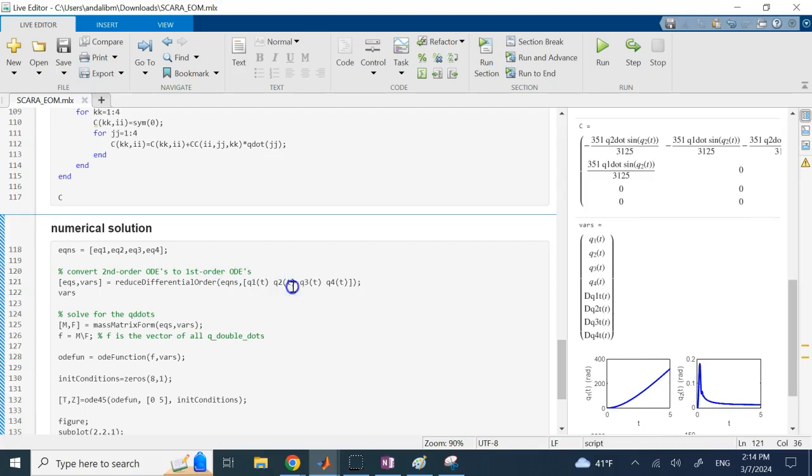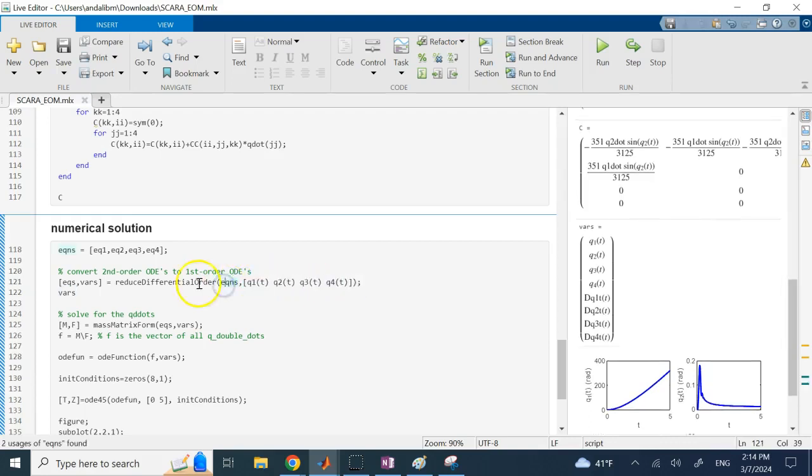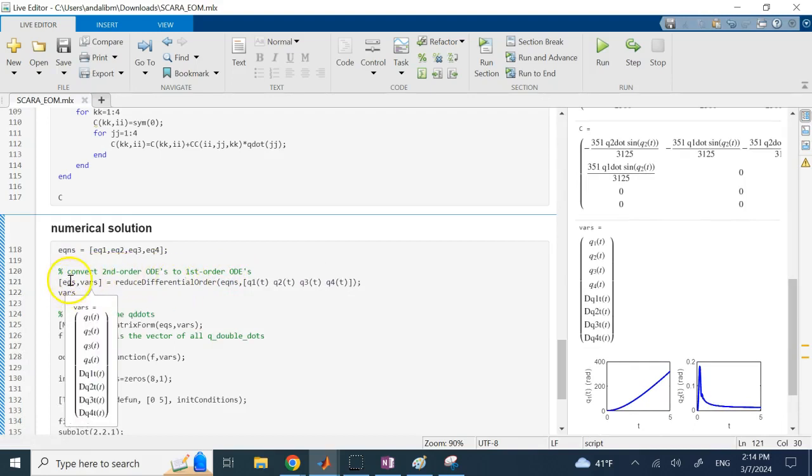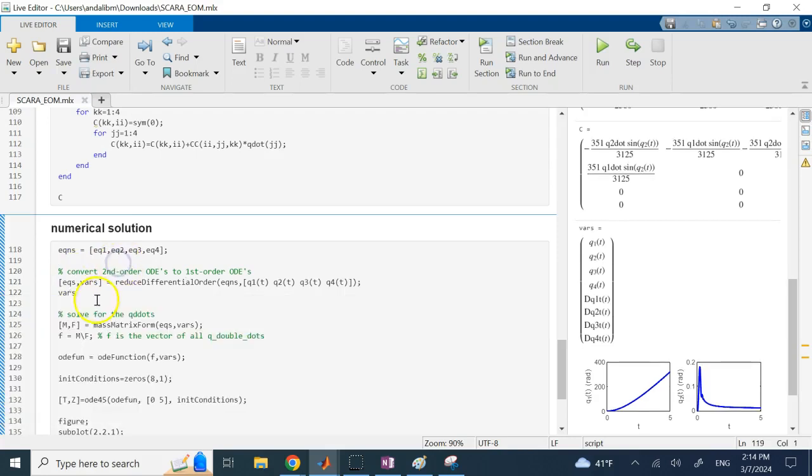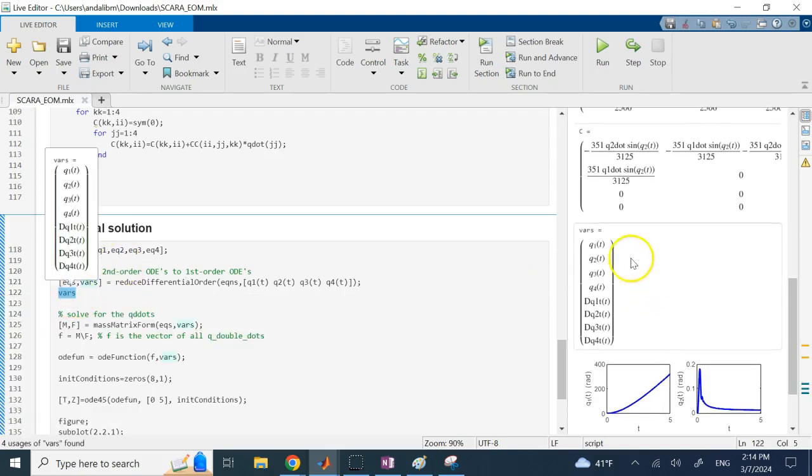If you give it the variables and the equations, it will break it down into first order ODEs. So here 4 second order ODEs are going to be converted into 8 first order ODEs, and the dummy variables, you can see them. They are Q1 to Q4, and Q1 dot to Q4 dot.